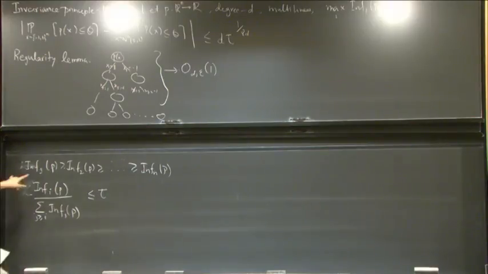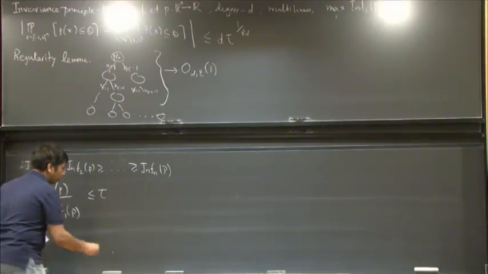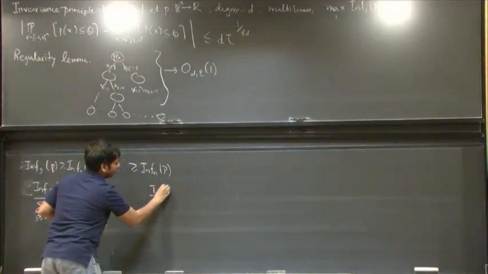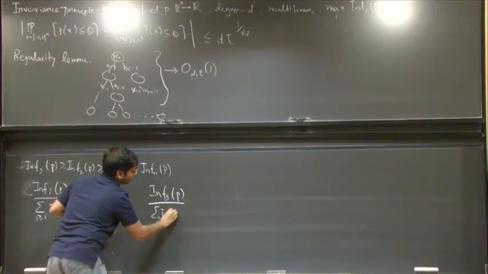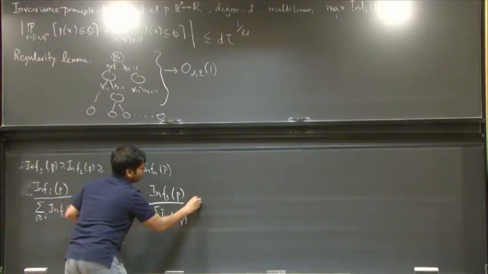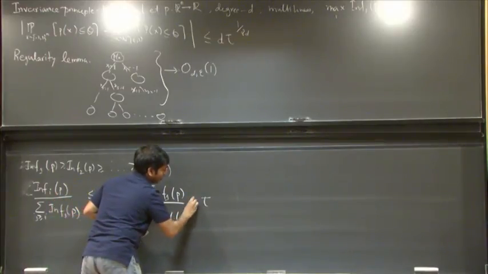So I know the influence of variable 1 of p. The reason that this is not already regular is because this quantity must be greater than tau. We actually don't require this quantity to be greater than tau, it is not such a big issue. The thing we are more interested in is whether the influence of 1 of p divided by the sum of all the influences of p is bigger than tau.